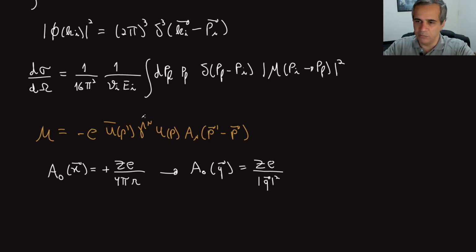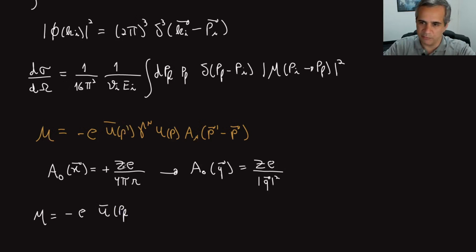And so out of this sum over mu here, only the 0 term contributes, and I can write M as minus E, u bar PF.